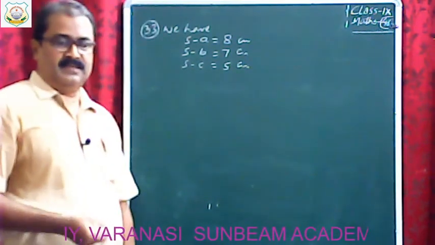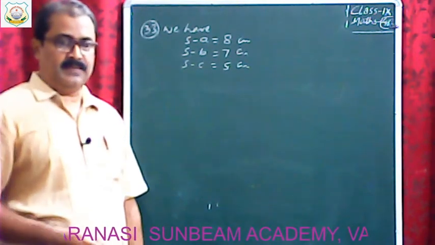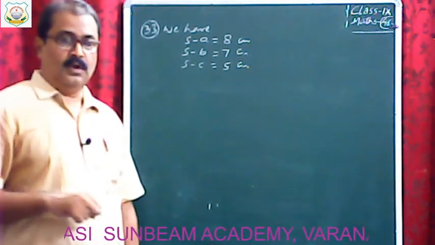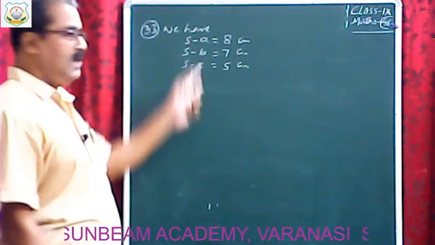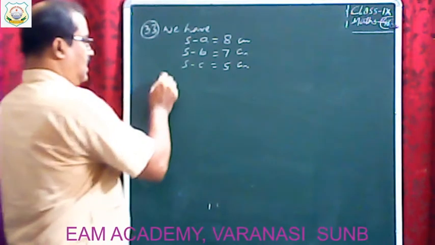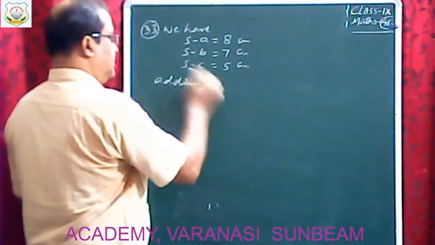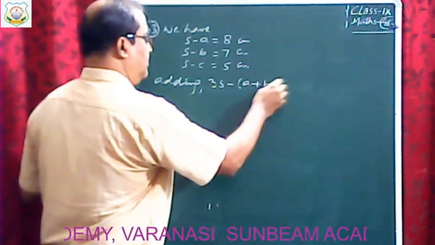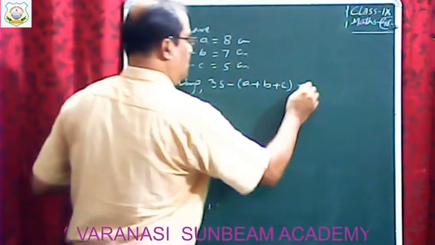So S minus A, S minus B, S minus C we have, we require only S. Thereafter we can apply Heron's formula, because the area of triangle by Heron's formula is equal to square root of S into S minus A, S minus B, S minus C. All three we have, we require only S. So we have to add these first. Adding, S plus S plus S, 3S, minus A minus B minus C, so minus within bracket A plus B plus C, equal to 20.